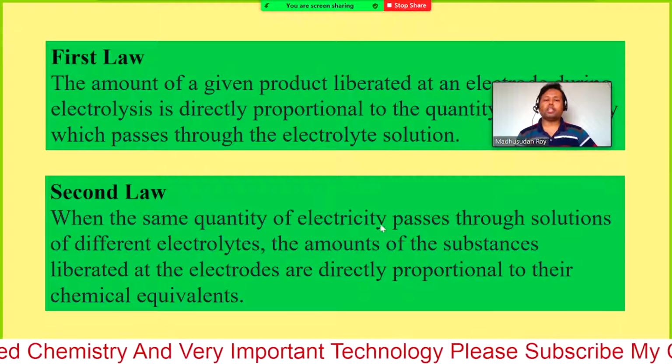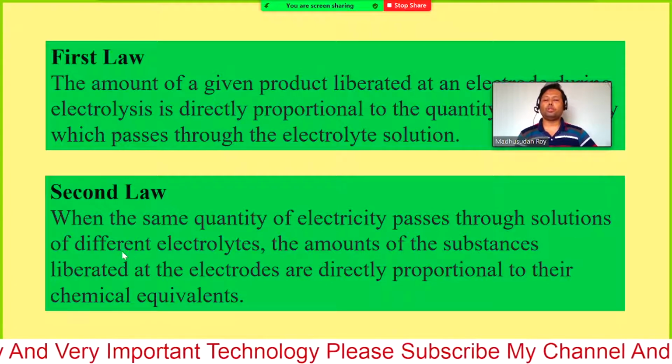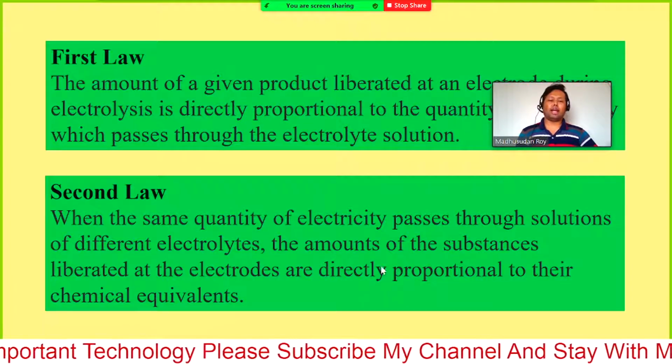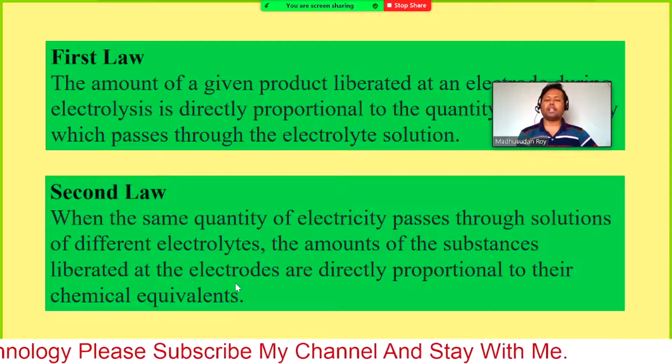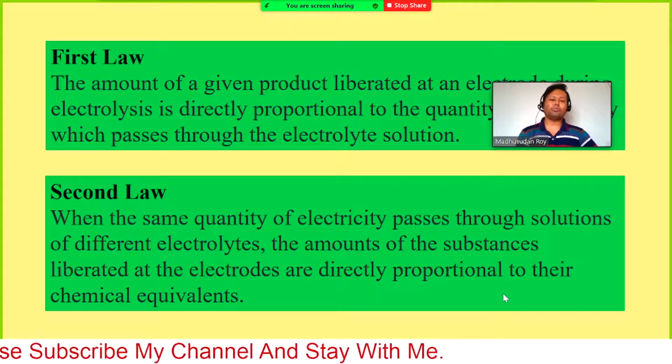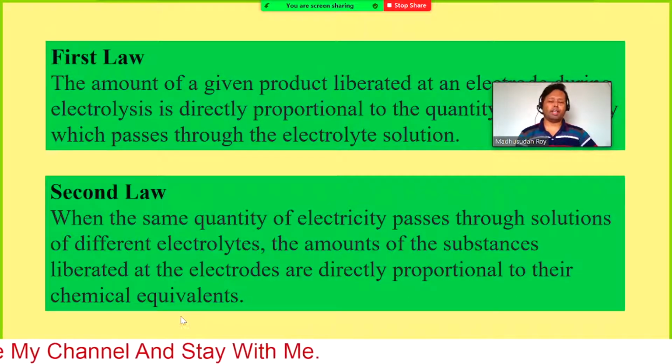When the same quantity of electricity passes through the solutions of different electrolytes, the amounts of the substances liberated at the electrodes are directly proportional to the chemical equivalents.